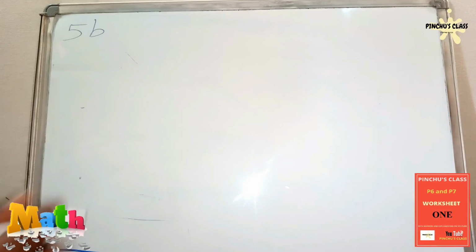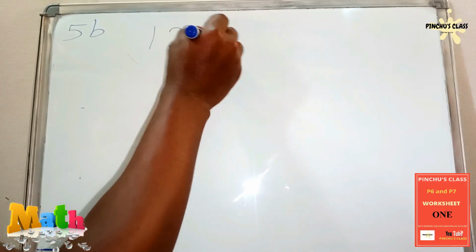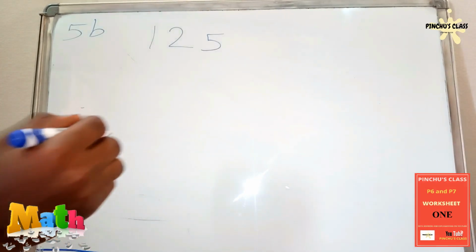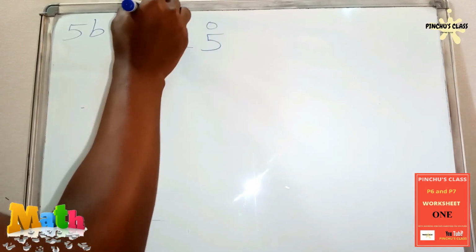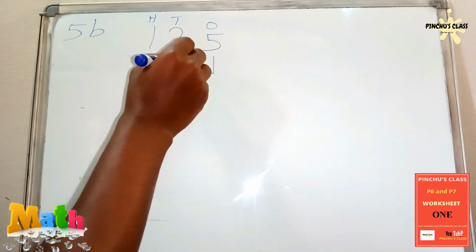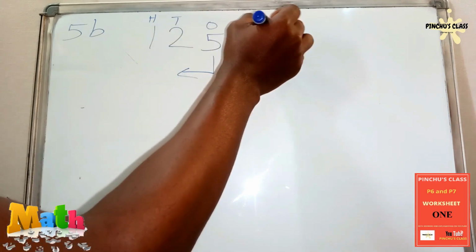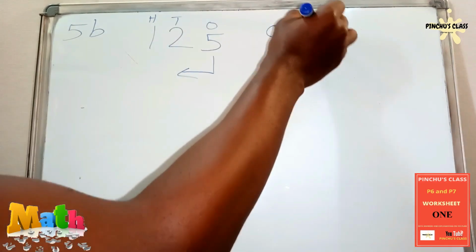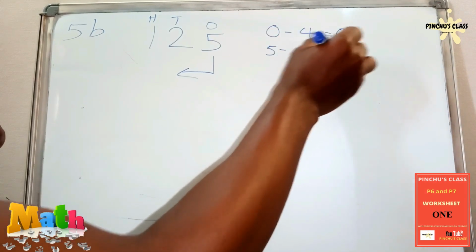5B, round off the given number to the nearest tens. We have to first know the place values here, and that means the nearest tens is this. Remember, when we are rounding off, for the numbers from 0 to 4 we add a 0, and for 5 to 9 we add a 1.